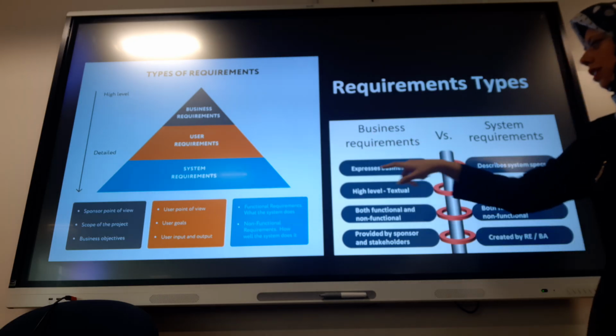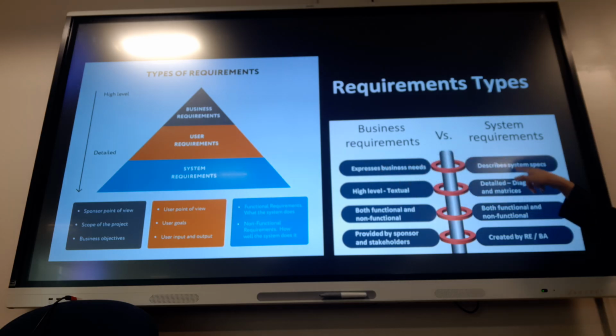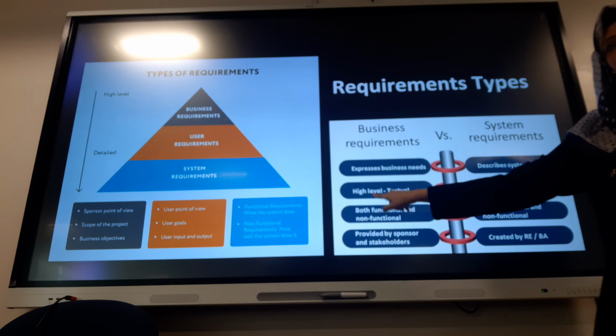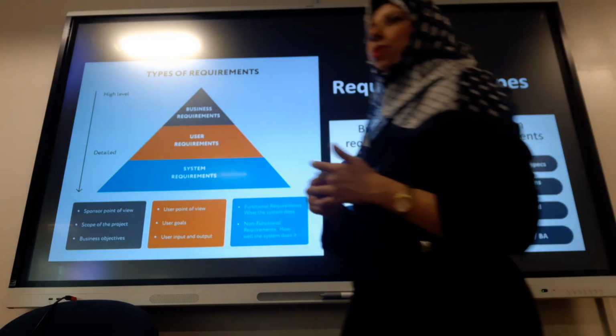business requirements simply express the business needs. On the other side, this one lists all specifications of your system. This one is considered high level, usually written in text. On the other side, this one is usually detailed, and you can provide matrices or diagrams to elaborate on it.